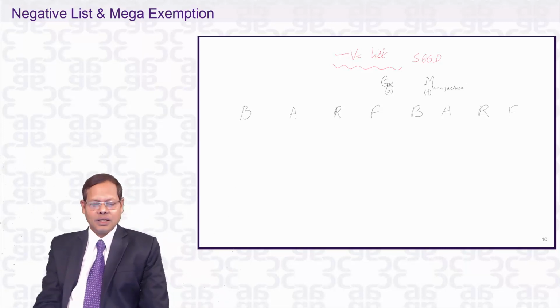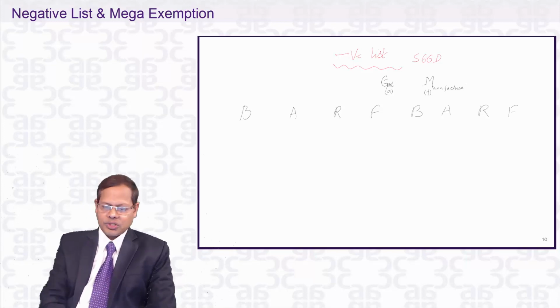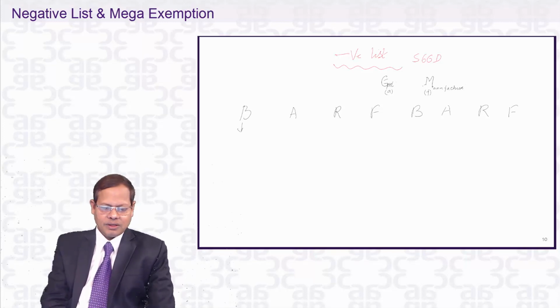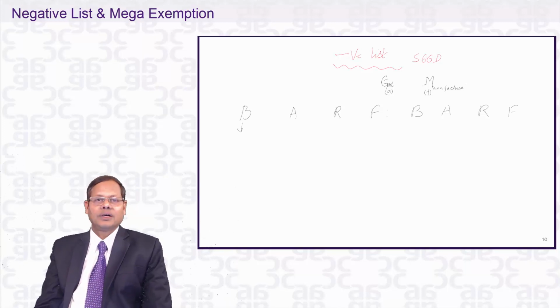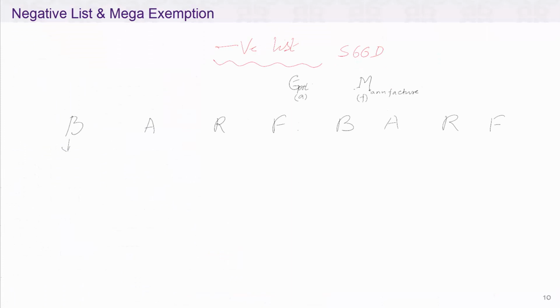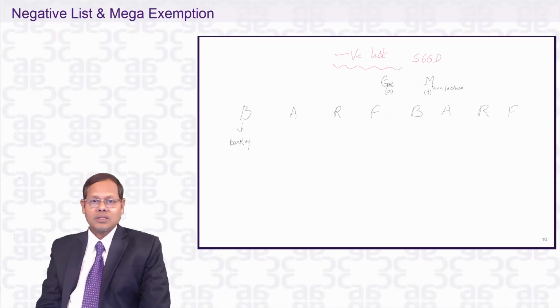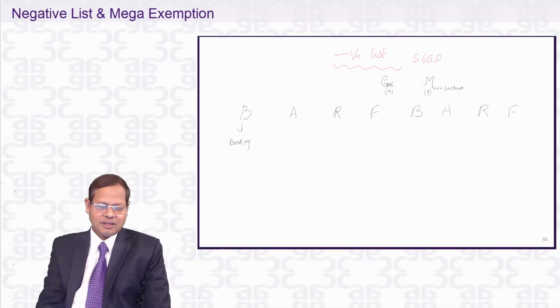Then only thing is we have to find out what is this B about. First high profile BARF and next low profile BARF. So in the high profile BARF, B stands for banking or financial services. Can you recall the clause for this under 66D? Yes. Nakad. Banking means nakad.